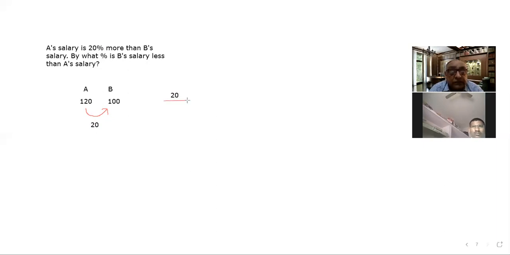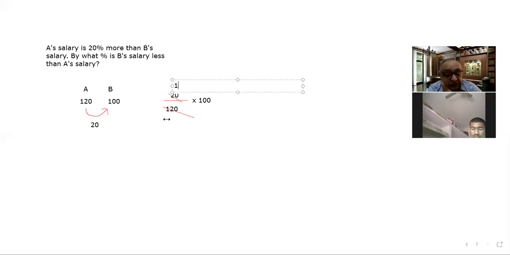The difference divided by A's salary, because we have to see it with reference to the salary of A, and that is multiplied by 100, right? So now here, what will this be? These two have common factor 20, so that is why it would be reduced to 1 upon 6 here, right?